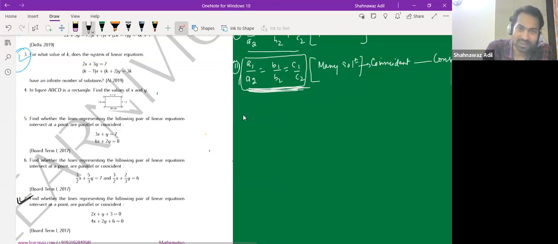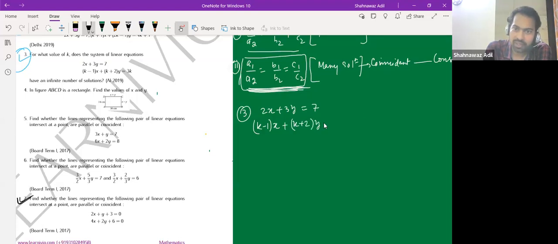Okay, so the third question: 2x plus 3y equals 7, and (k minus 1)x plus (k plus 2)y equals 3k. I will write A1, B1 and C1, and then A2, B2 and C2.